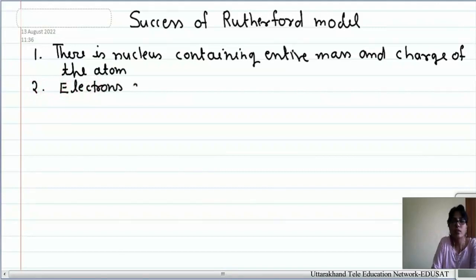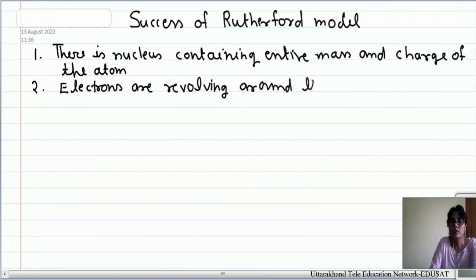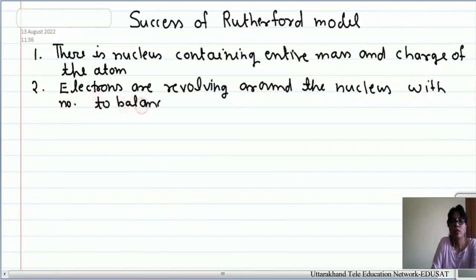Electrons are revolving around the nucleus with numbers to balance the positive charge of the nucleus.